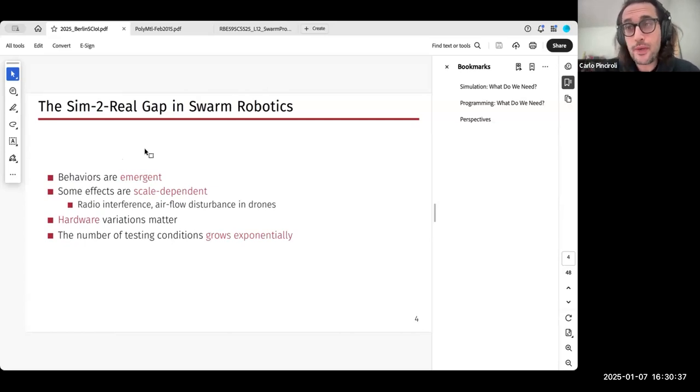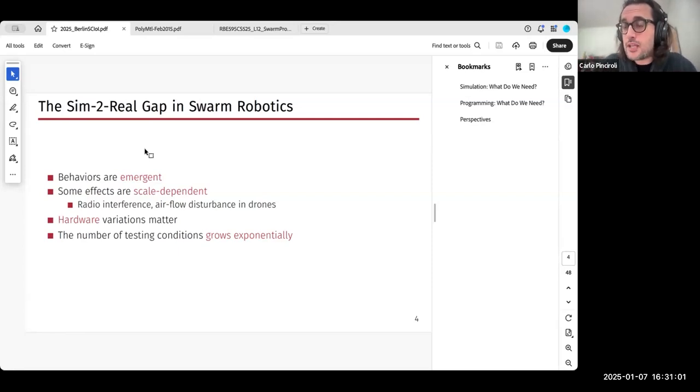An emergent behavior, by definition, by design, is a behavior for which we couldn't anticipate all of the effects. And so we discover very often that simple mechanisms can create very complex behaviors, but as much as a nice behavior can be emergent, there's a lot of bad things also that can be emergent. One of them, for example, could be congestion.